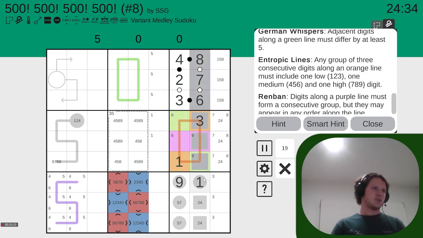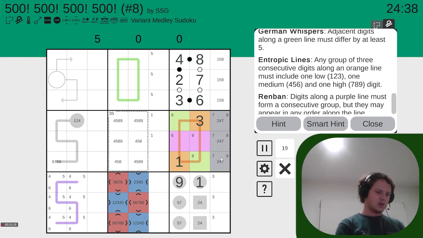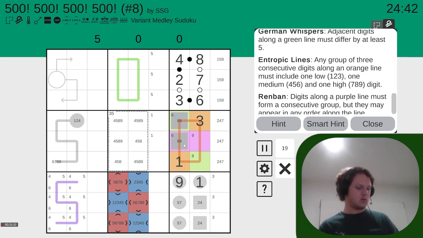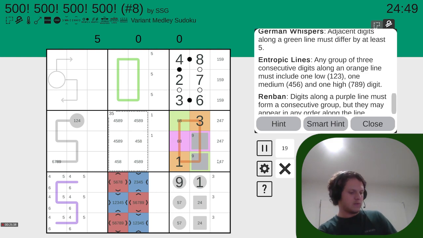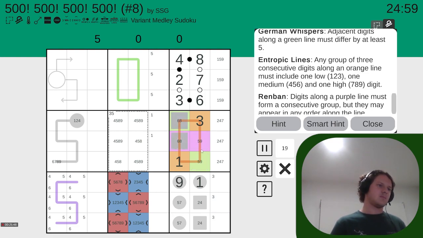And for this, I've seen these two 7s here. This is now 7s, which means the 7 has to go over here. Which means the 8 has to go here. Yes, this has to be a 6-8 pair. And the only digit left that can go with the 9 has to be 1, 2, 3, 4, a 5. Which makes sense, because that means it would be in the middle group with the 6.